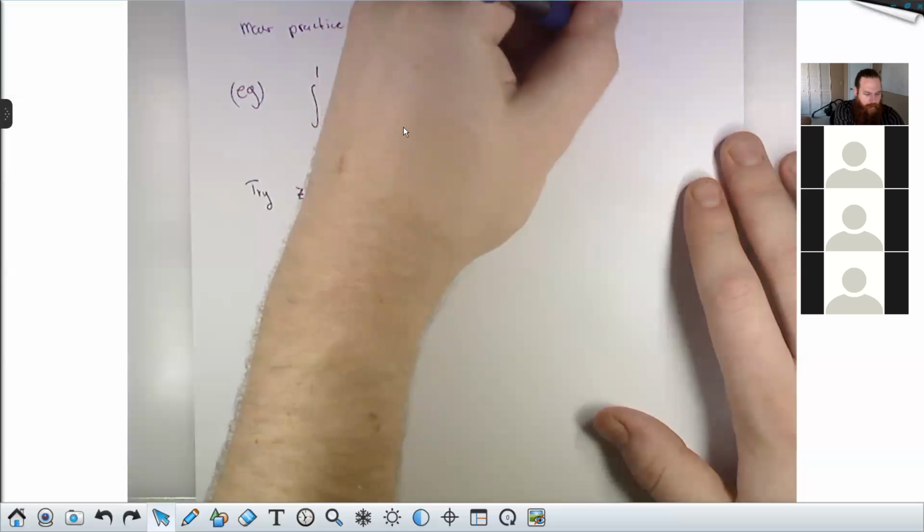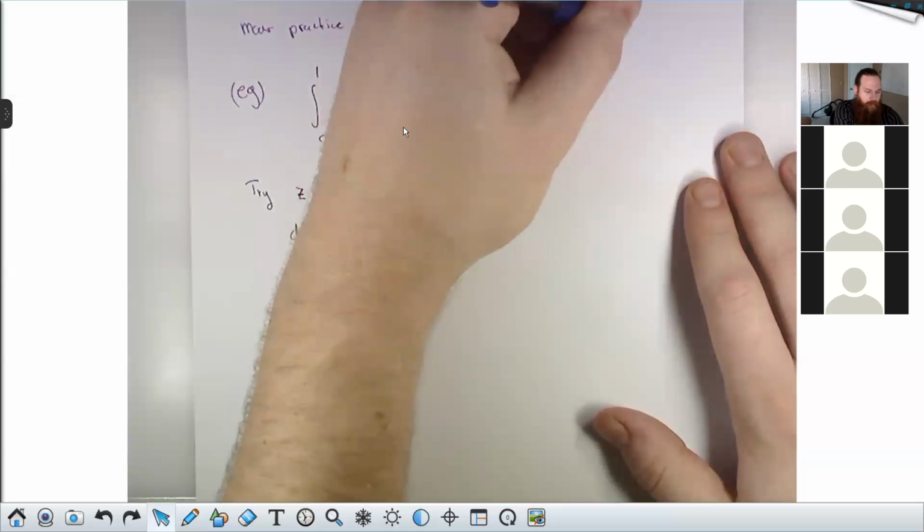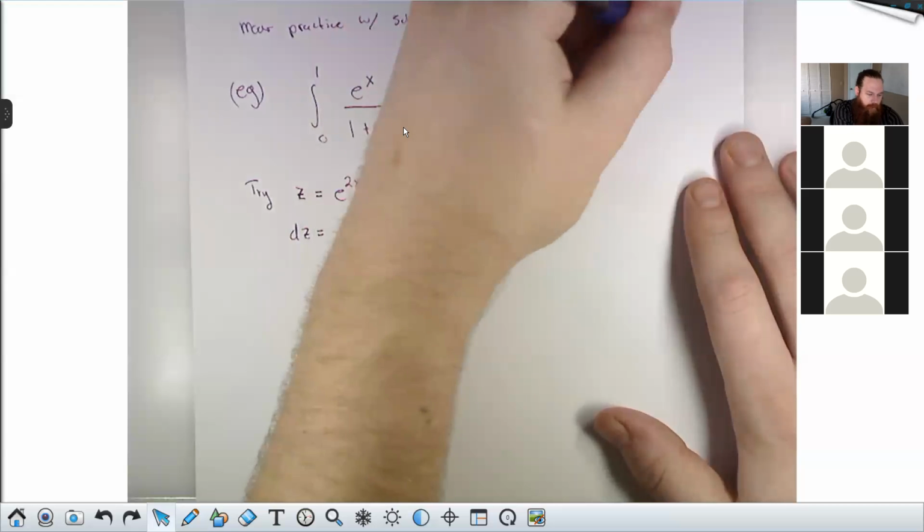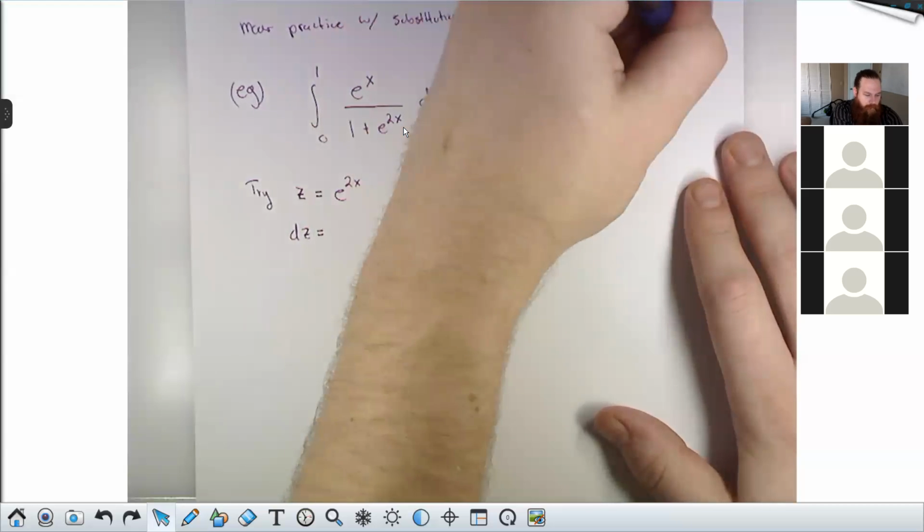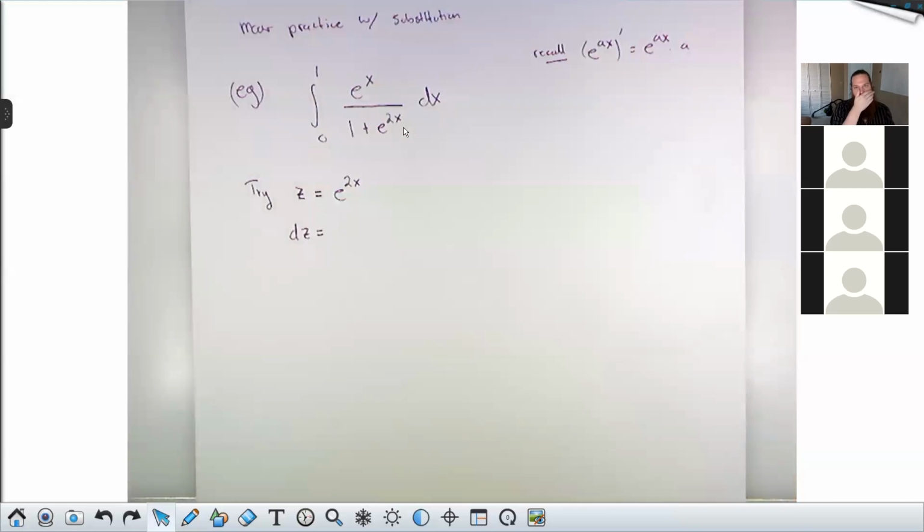So e to the ax, all primed, will always give you e to the ax times a. It's a chain rule thing. And because it's an exponential function rather than a power function, we don't use the power rule. We're not subtracting 1 from the power or anything like that. E to some stuff always differentiates to itself times the derivative of that stuff.